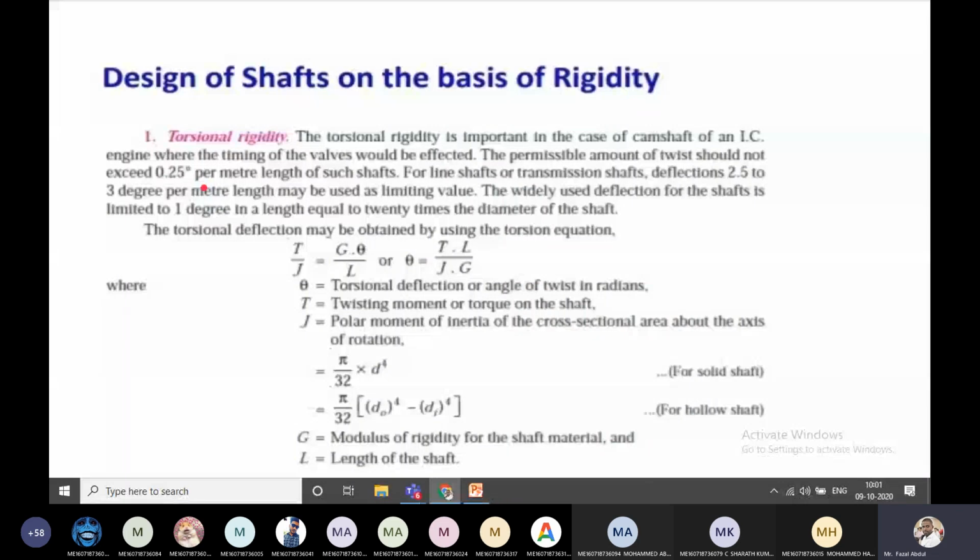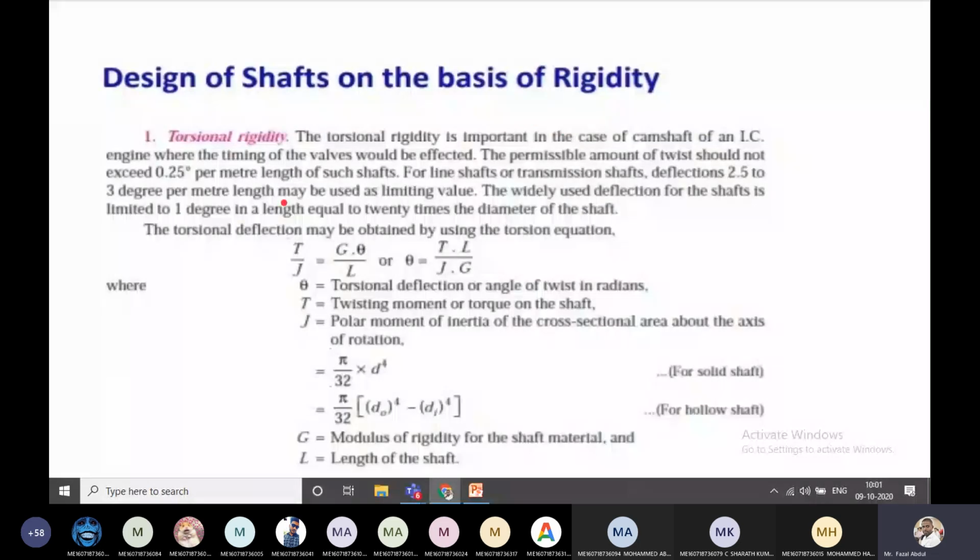We can also calculate this value with the torsion equation, T by J equals G theta by L. Remember the terminology: T is the torque or twisting moment, J is the polar moment of inertia, selected according to the cross section.